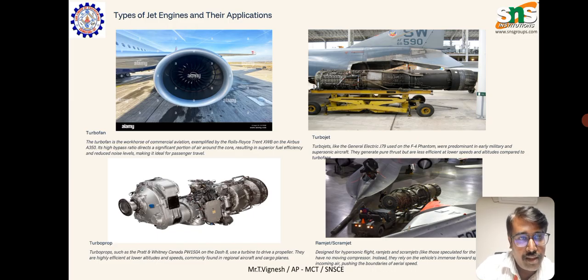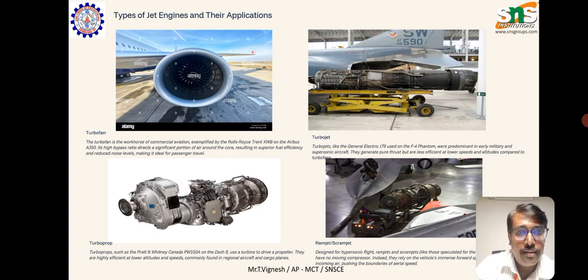Another is the turbojet, like the General Electric J79 used on the F-4 Phantom, which was predominant in early military and supersonic aircraft. They generate pure thrust but are less efficient at lower speeds and altitudes compared to turbofans. So turbofans are more suited to lower altitudes, whereas turbojets work in high altitude.